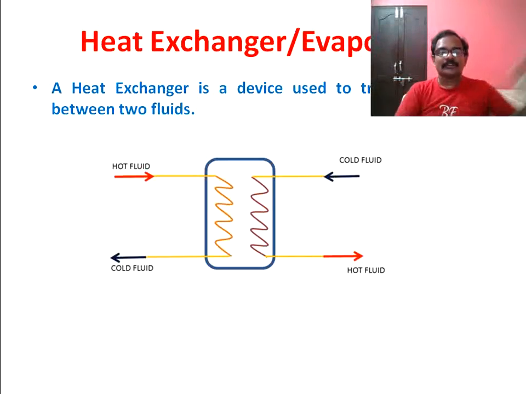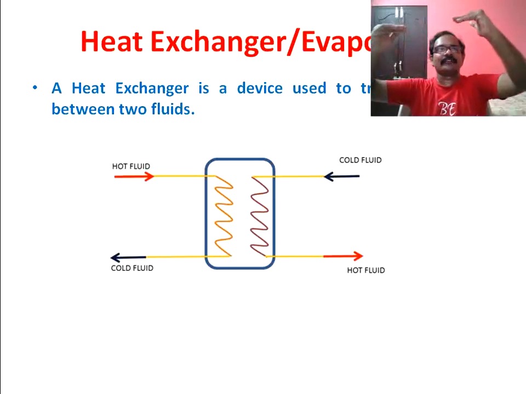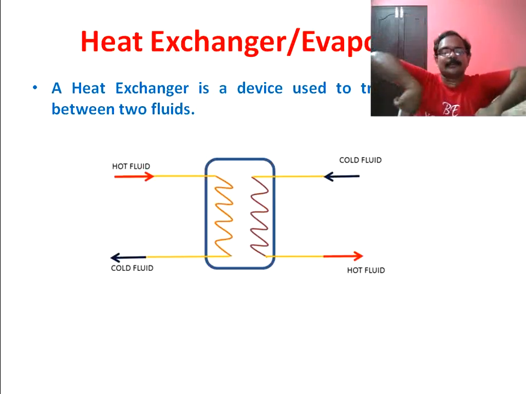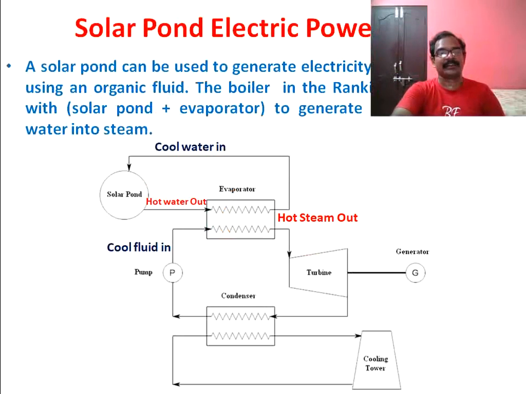That is how the hot fluid we are passing in, and the cold fluid we are passing in on this side: the hot fluid will pass the energy to the cold fluid, and this hot fluid will become cold, and this cold fluid will become hot. This is what is called a heat exchanger or an evaporator, and this we are going to use in the solar pond electric power plant.